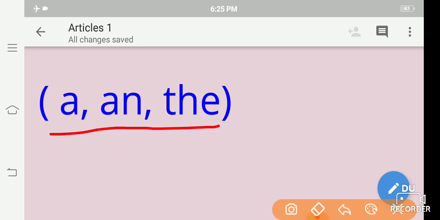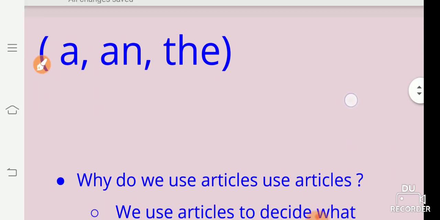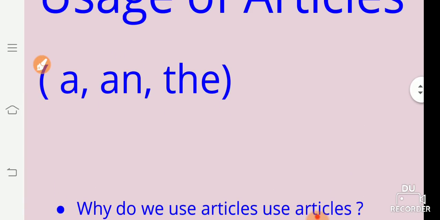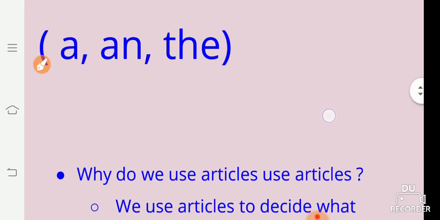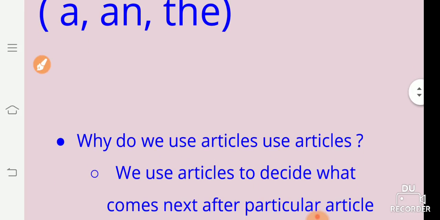Even though there are only three articles, we are in confusion many times about where to use these articles and where not to use them. Before getting into the usage of these articles individually, let us learn why we use articles.